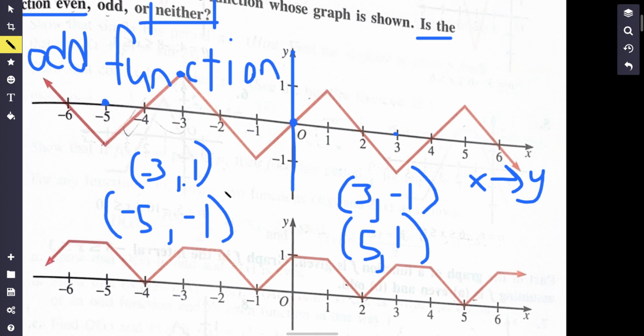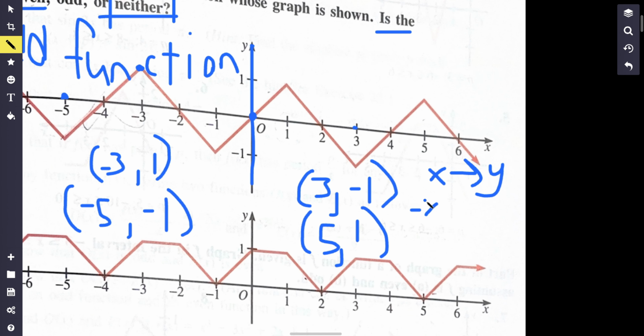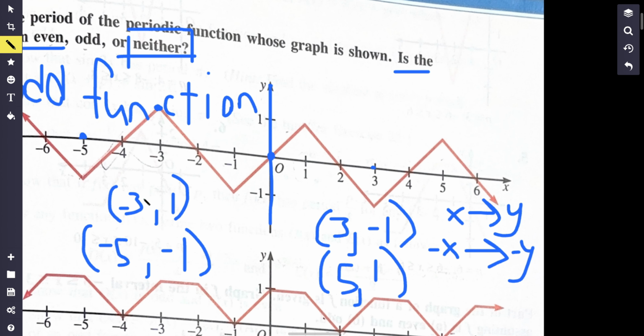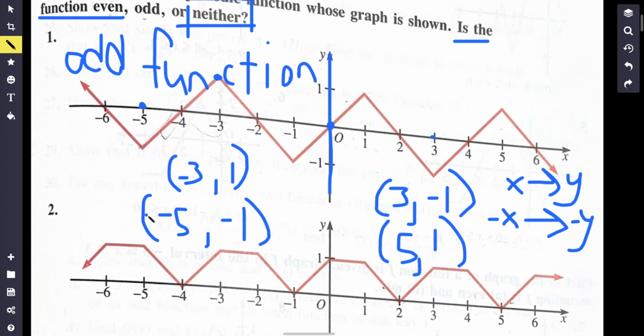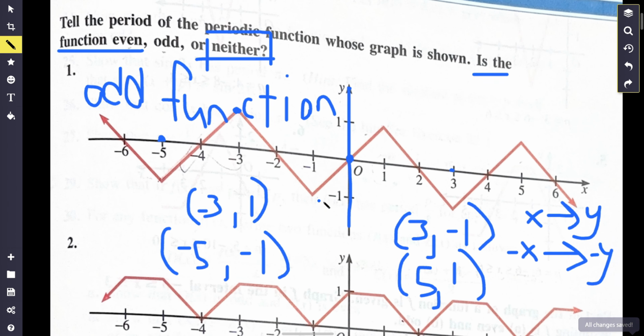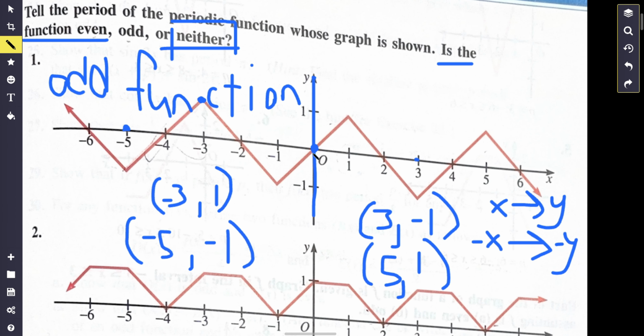However, if you plug in the negative of that x value, you get the negative of the y value. In this case, the negative of -3 is just +3, and you get the negative of the y value. So the x and y values both get negated at the same time. You take the negative of this, you take the negative of this, and there's a coordinate that matches up with that. So that's the quick way to identify if a function is odd or even based on the coordinates.